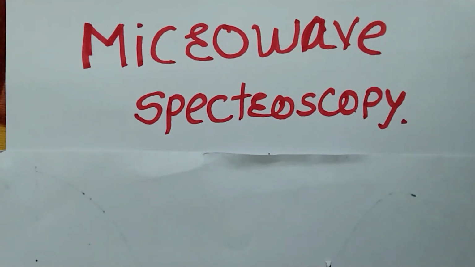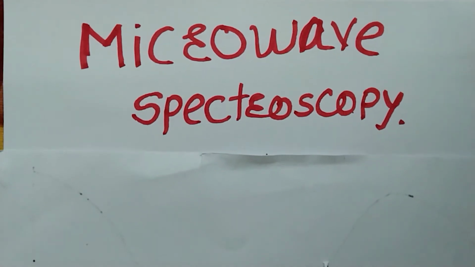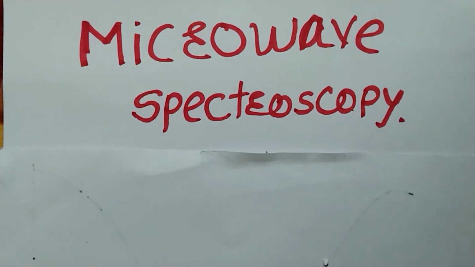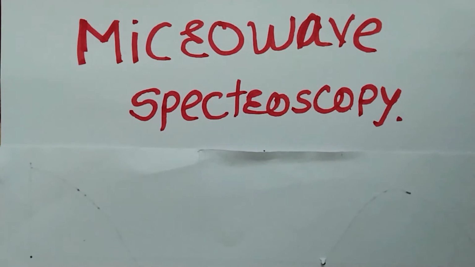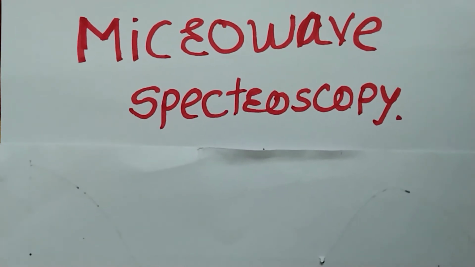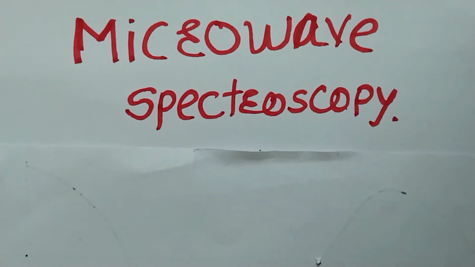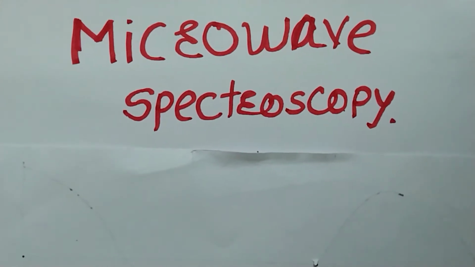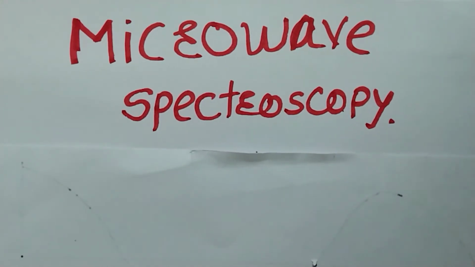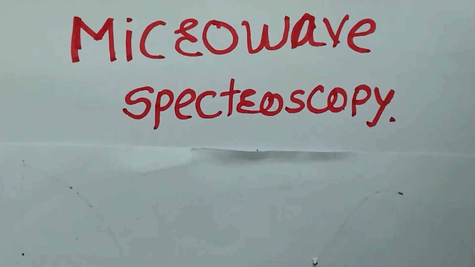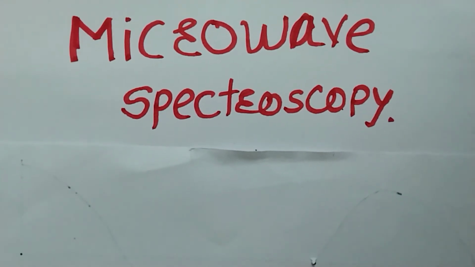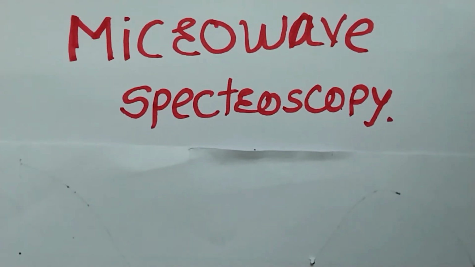In the last lecture we saw that rotational spectroscopy is also called microwave spectroscopy, because in microwave spectroscopy, the energy changes in the rotational levels of molecules, and this is sufficient in the microwave region.